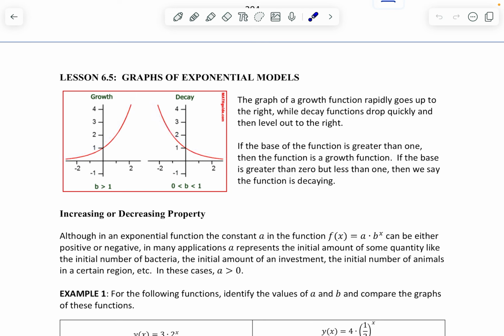And we talked about if the base of the function, or the multiplier, is greater than 1, you're going to see growth. But if it's in between 0 and 1, that's where you're going to see decay. And that's where we saw our fractions, where we had maybe 2 times 1/3 to the x power. That's decay. But 2 times 3 to the x power, that's growth.